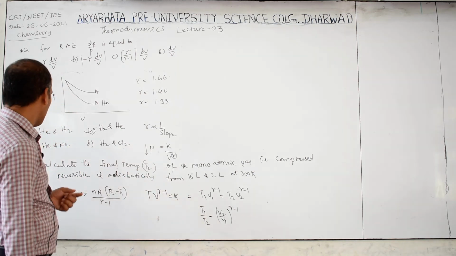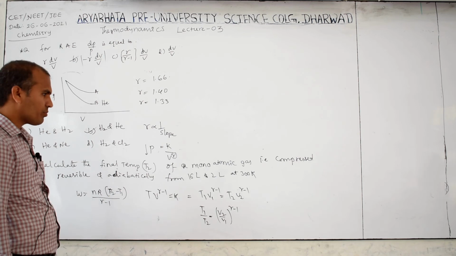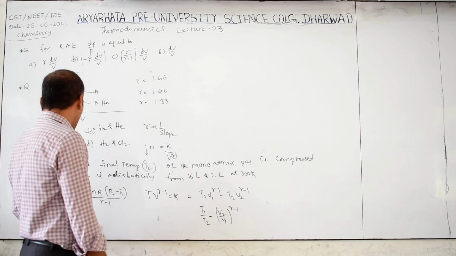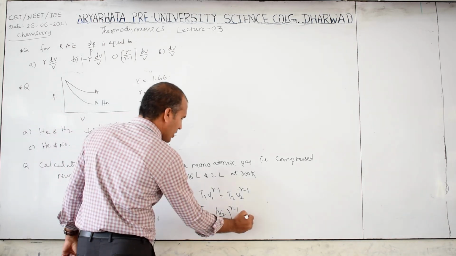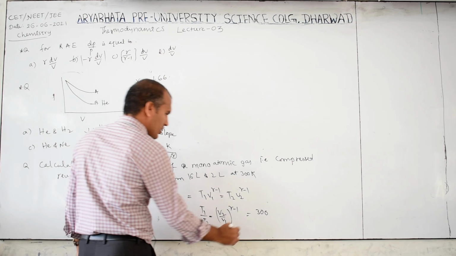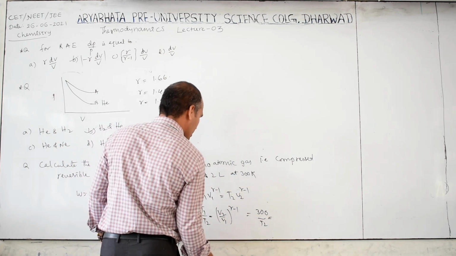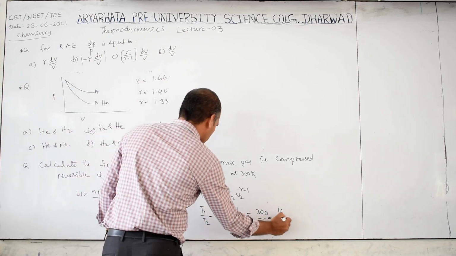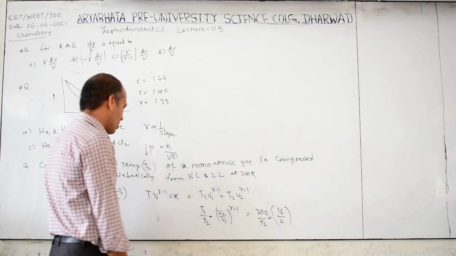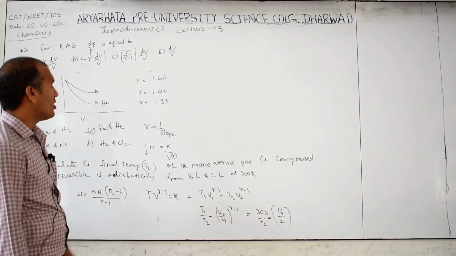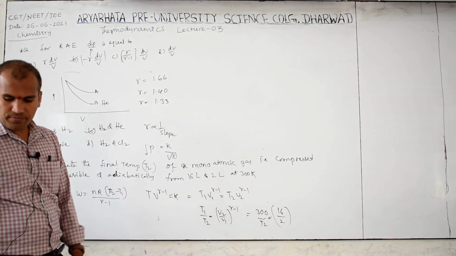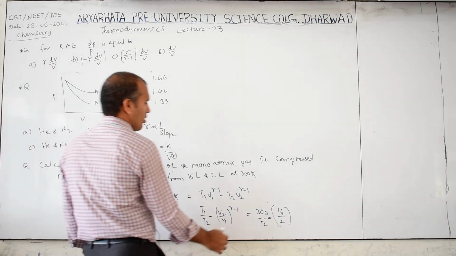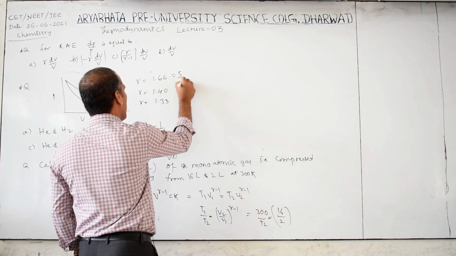Then T1 they give, reversible adiabatic at 300 Kelvin. So we have to calculate the final one. This is 300 and this is T2, which we don't know, and the volume ratio is 16 by 2, whole power gamma minus 1. For a monoatomic gas, gamma is 1.6, which we can write as 5 by 3.